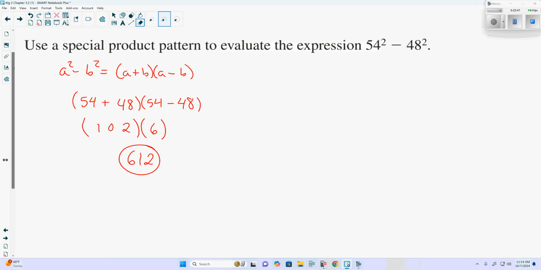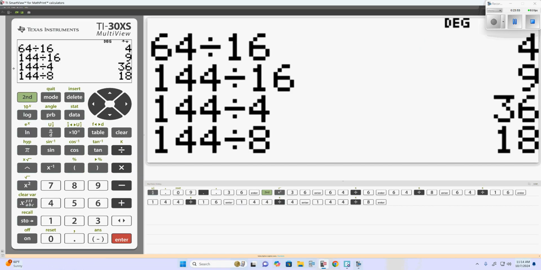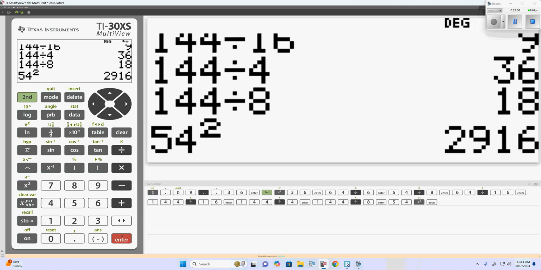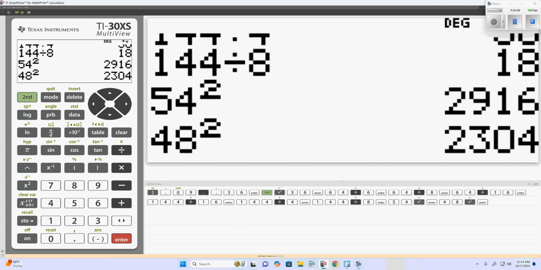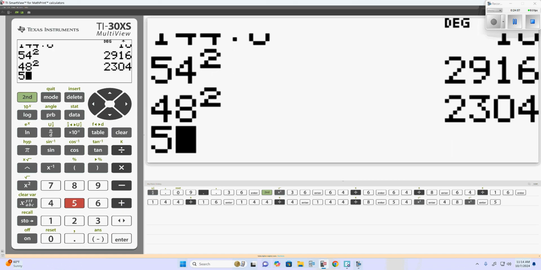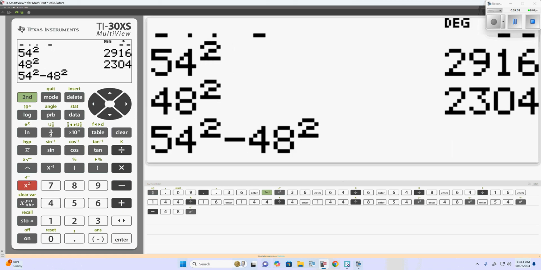Well, it's not so much that they didn't give us 54 as a square, because 54 squared is 2,916. So since they already wrote it as a squared minus b squared, a is 54, b is 48. Yeah, because 54 squared minus 48 squared is indeed 612. All right.